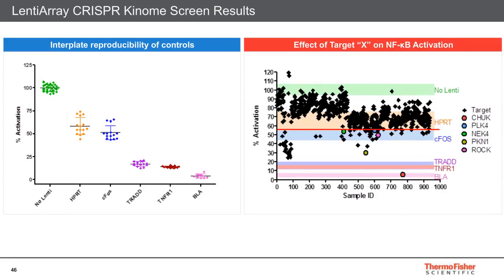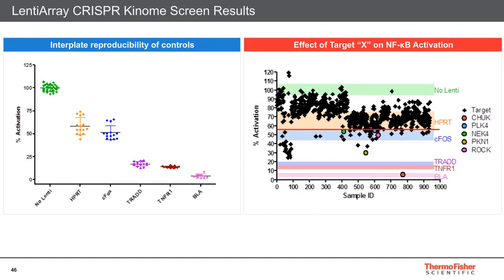And this is what the actual final screening data looks like. So plotted here on the y-axis is % activation of the pathway, and the x-axis is the number of samples. And shown here on the right-hand side plot are the same controls.